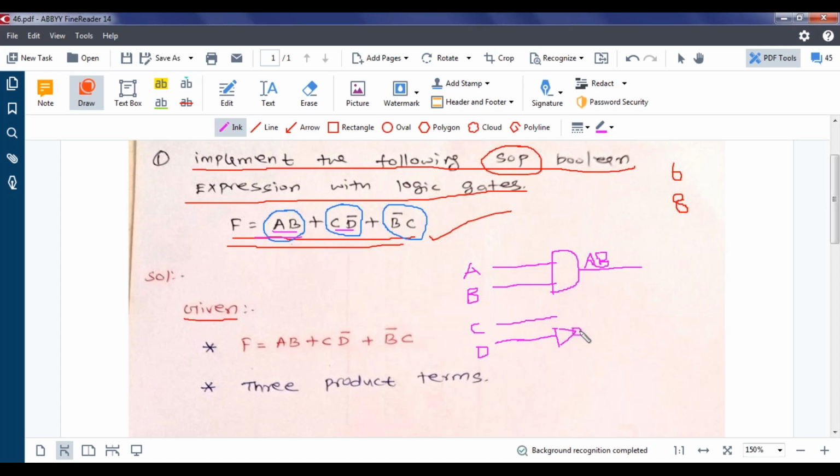Giving D to a NOT gate converts the D value into D bar. Then we give it to an AND gate because this is C into D bar. So here you will be getting C D bar.